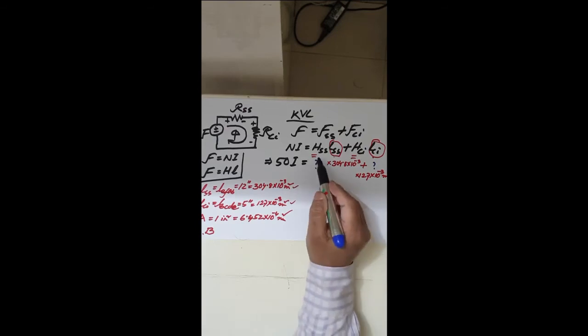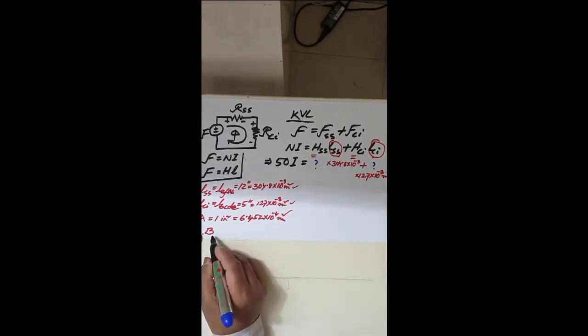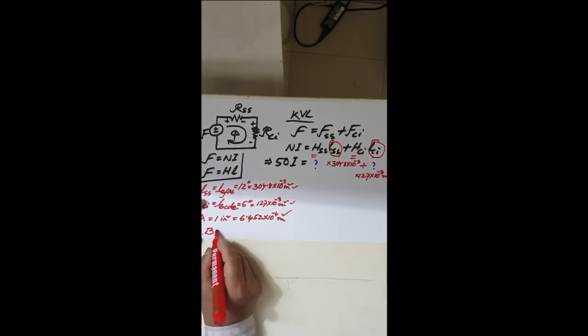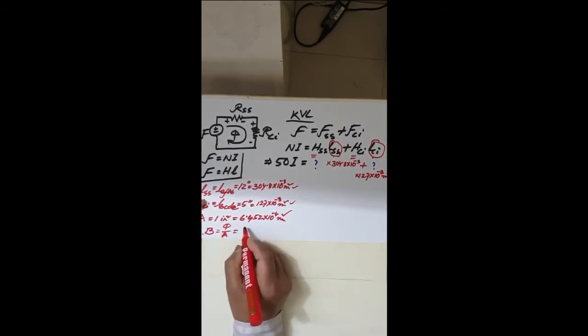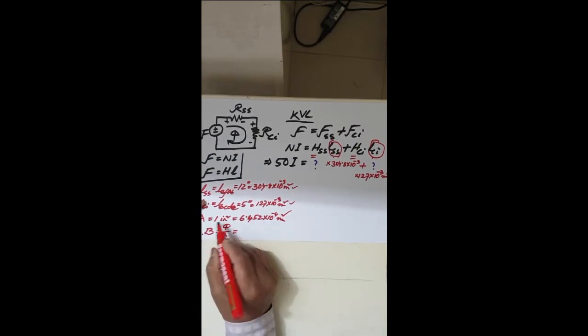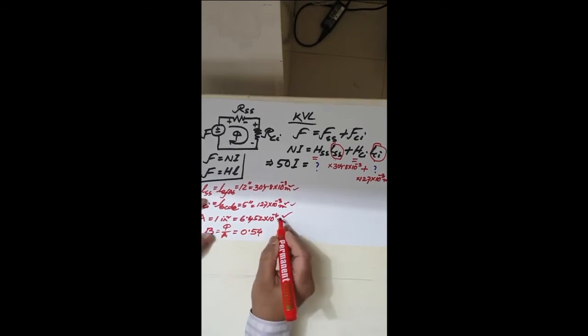In order to find the HSS and HCI, you need the flux density B, which comes from here as B equal to phi by A. So phi by A, you got a phi which is given in the last page. I have shown you the phi, and if you substitute the phi and the A value here, you are going to get approximately 0.54 Tesla.